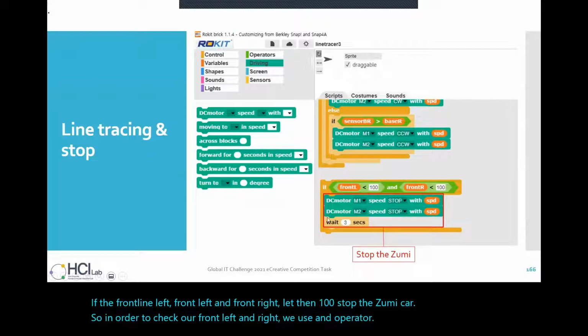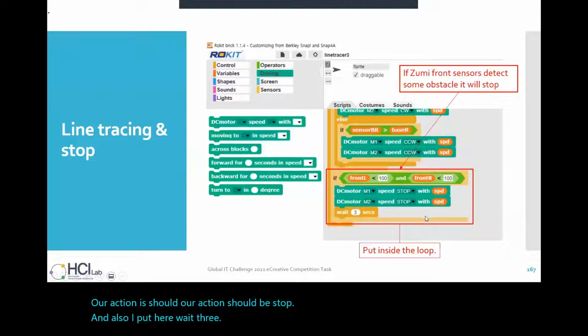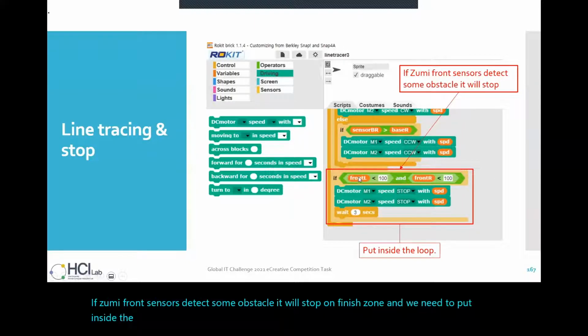And our action should be stop. And also I put here wait 3. If Zoomy's front sensors detect some obstacle, it will stop on the finish zone, and we need to put it inside the loop. And so here you can see we put it inside the loop.